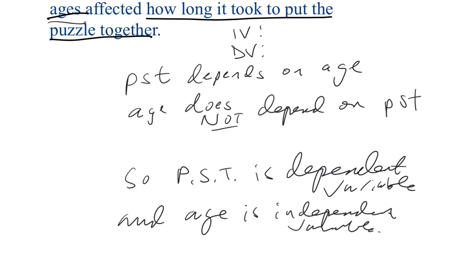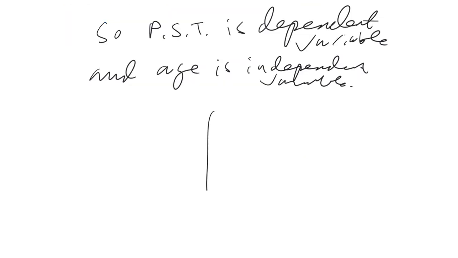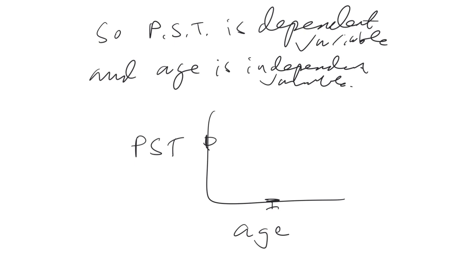It's kind of confusing, I know. So I would put the puzzle solving time as the dependent variable, and I put the age as the independent variable. Now, you might say, Mr. Noyes, you're always supposed to put the time on the x-axis.